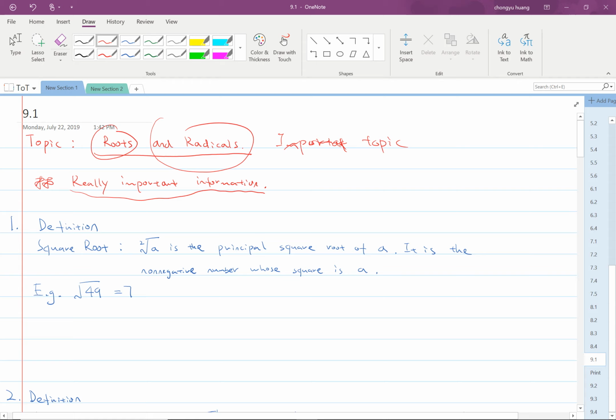We have some definitions, and we also have some properties to talk about.